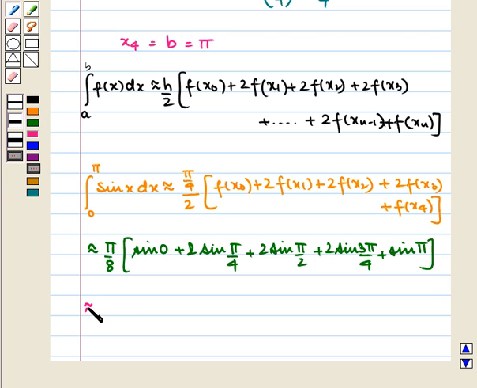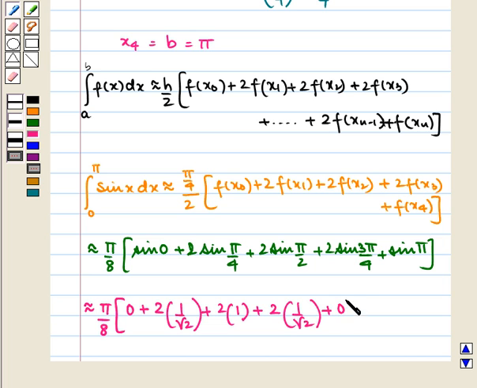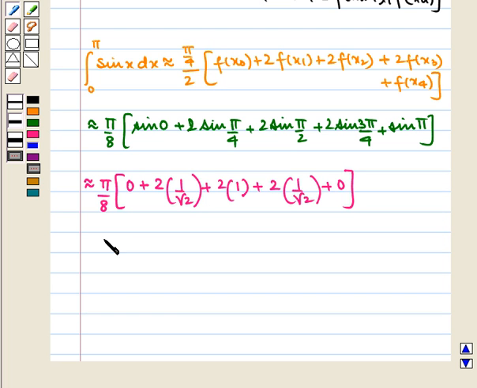That is equal to pi by 8 into 0 plus 2 into 1 by root 2 plus 2 into 1 plus 2 into 1 by root 2 plus 0. That is approximately equal to pi by 8 into root 2 plus 2 plus root 2.